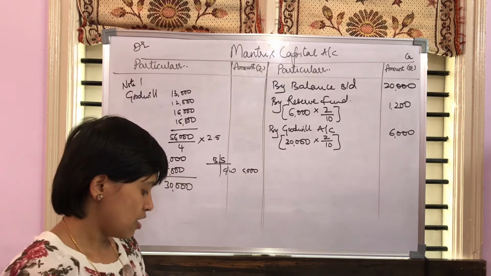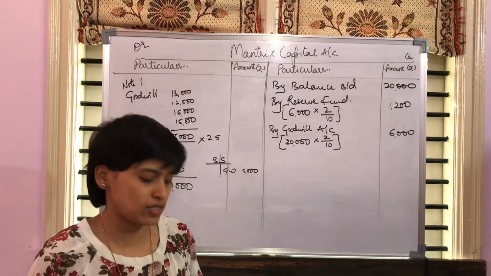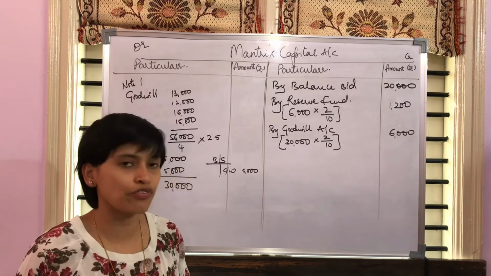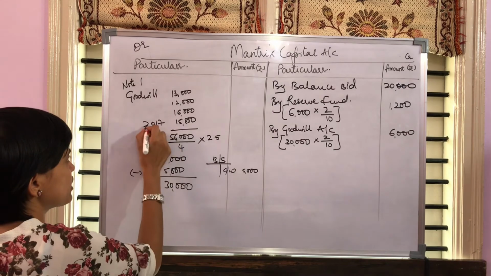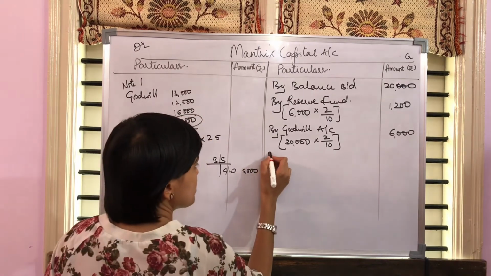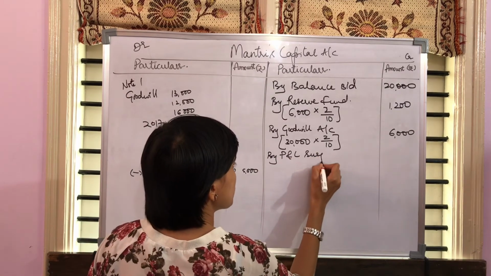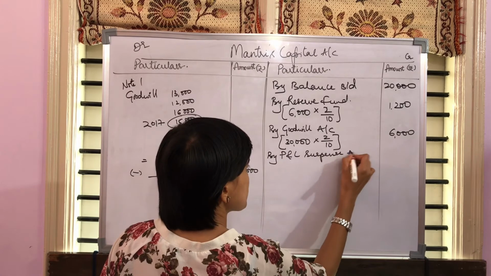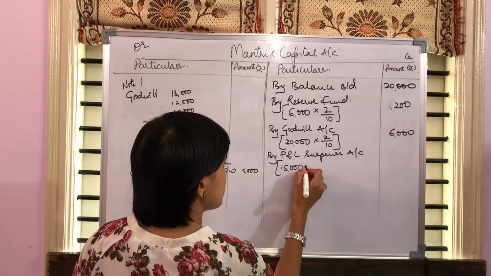The last adjustment, the share of profit of monthly should be calculated on the basis of the profit of 2017. So in the year 2017, the firm's profit is 15,000. So write it as by profit and loss suspense account, 15,000.